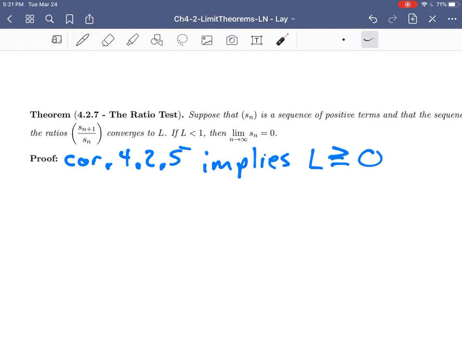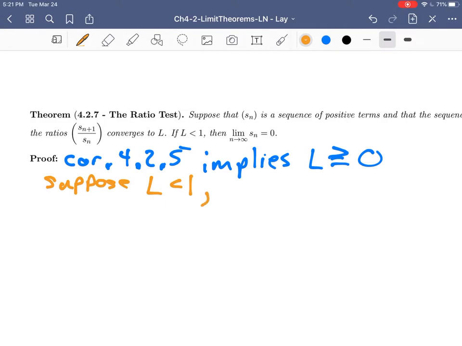Now let's suppose that the value of L is less than 1. So it's greater than or equal to 0, but less than 1. This is part of our hypothesis: if L is less than 1, it's going to force the limit of S sub n to be 0. That sequence has to converge to 0. So suppose L is less than 1.